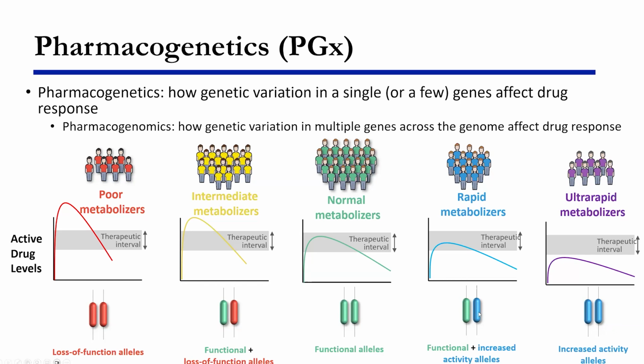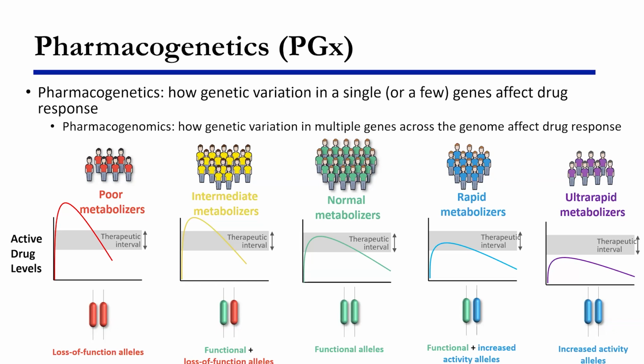Rapid metabolizers could potentially have an increased activity allele, and so you're going to metabolize the drug faster than a normal metabolizer. You may still have therapeutic levels, but it's going to be a little lower. And then ultra rapid metabolizers, patients with two increased activity alleles, metabolize it so fast that perhaps you never get to that therapeutic interval. So for those patients, the drug is not likely to work. That's the spectrum.